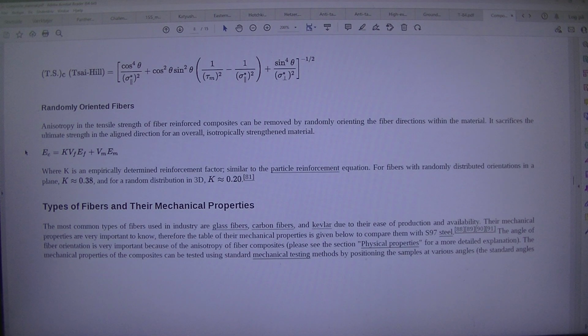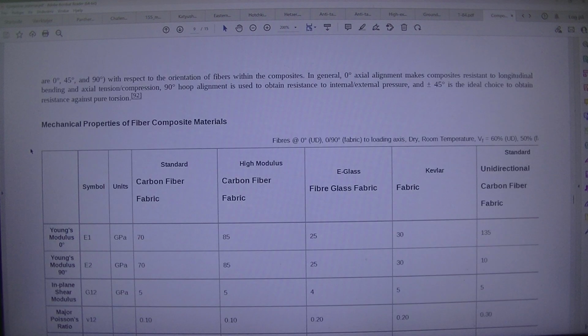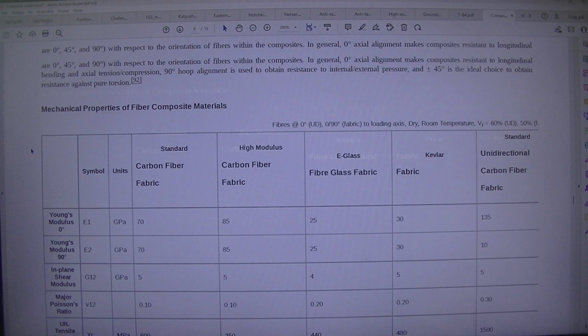The mechanical properties of the composites can be tested using standard mechanical testing methods by positioning the samples at various angles. The standard angles are 0 degrees, 45 degrees, and 90 degrees, with respect to the orientation of fibers within the composites.